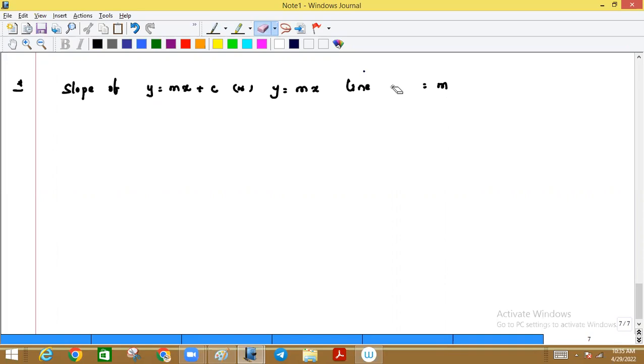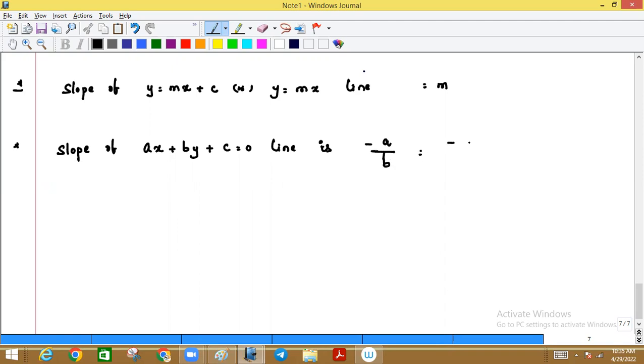Slope of the line y is equal to mx plus c is m. Slope of the line ax plus by plus c is equal to 0 is negative a by b.